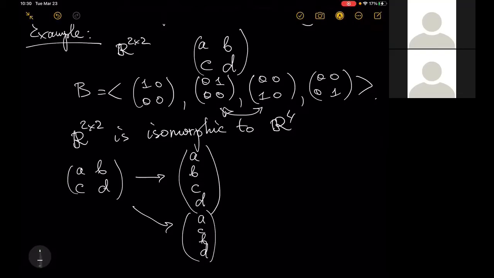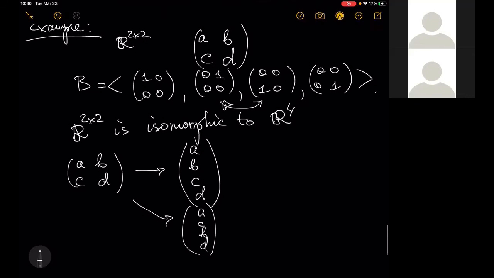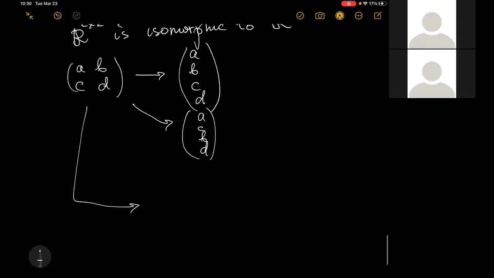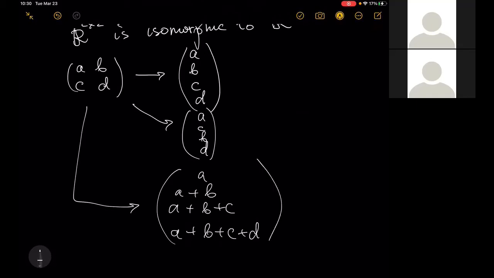So we have shown, so there was a different formula. So we use there the following formula. A, A plus B, A plus B plus C, A plus B plus C plus D. And we have shown that it's also isomorphism. But this is nothing else but vector from R4, right? So isomorphism is not unique.